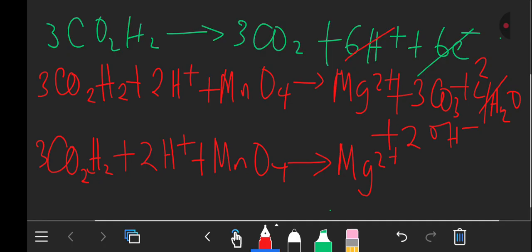It should be manganese. This was manganese, not magnesium.